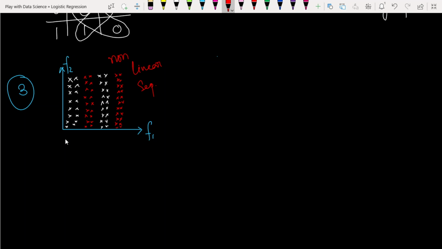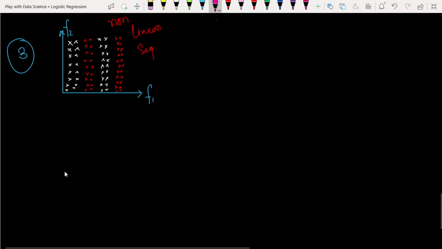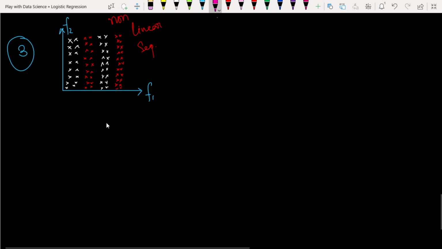I think all of you have learned about sine functions. I am not talking about positive or negative sign, I am using the trigonometric sine function here. The sine function looks like this: positive, then negative, then positive, then negative.